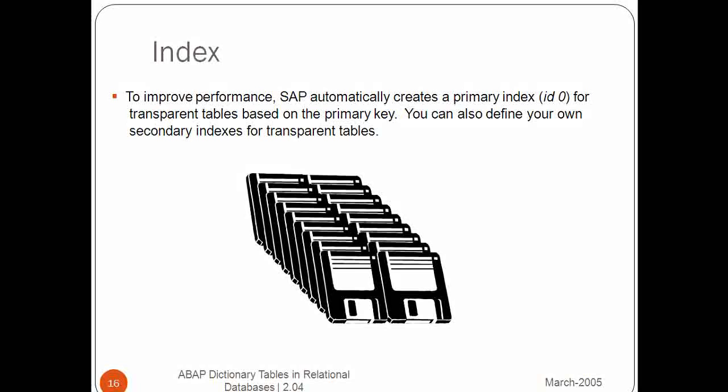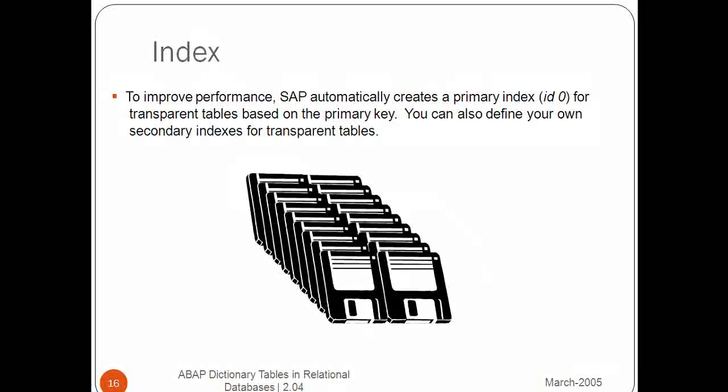Now the next important topic is index. What exactly is an index? The basic concept is like this. Suppose I pick the Airtel example again. This is a table and I know it holds the records of your address.